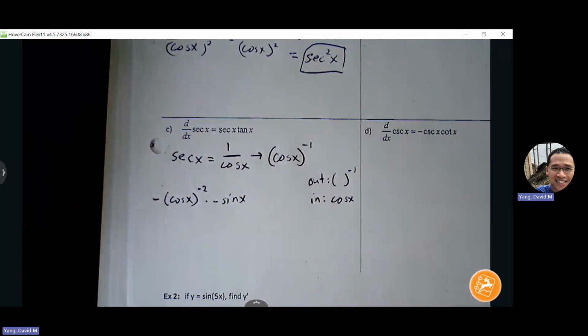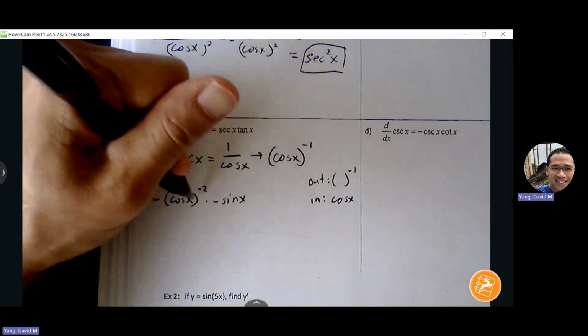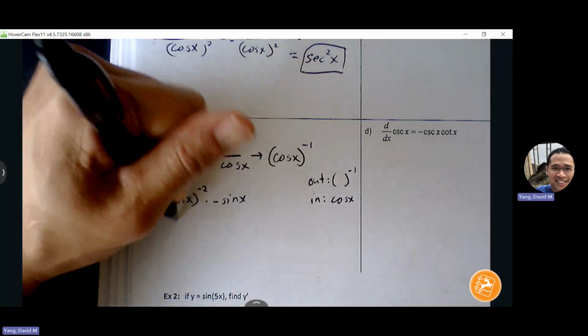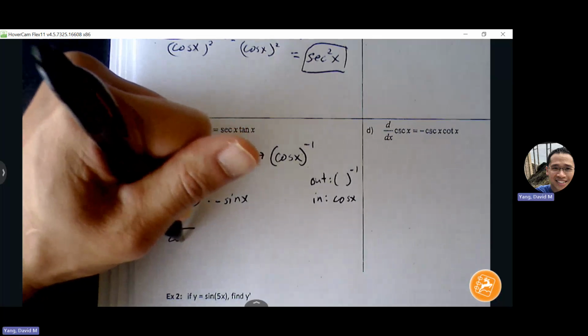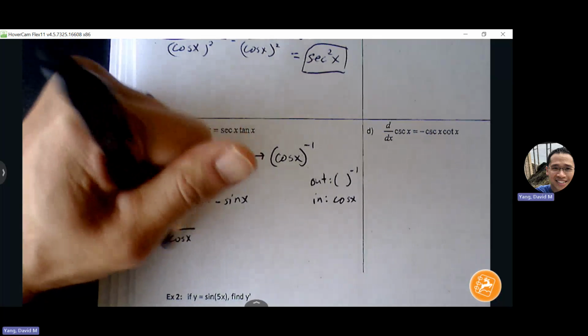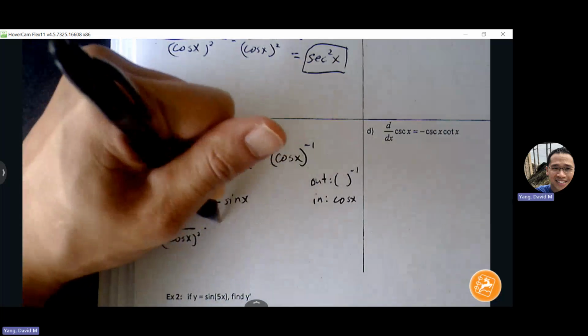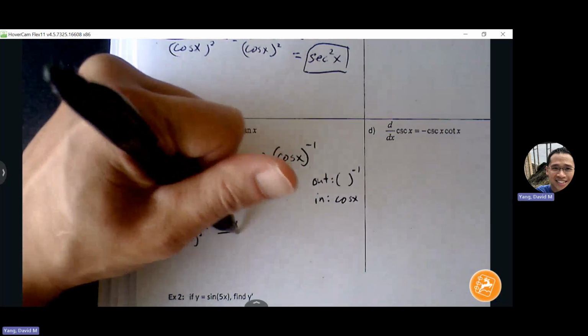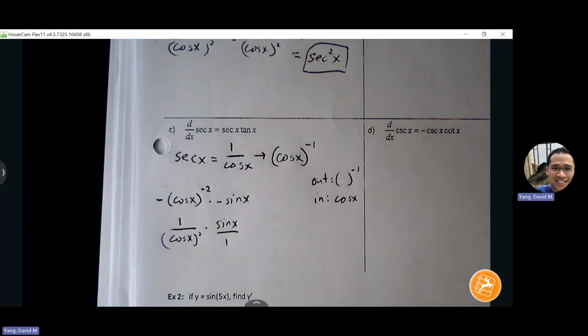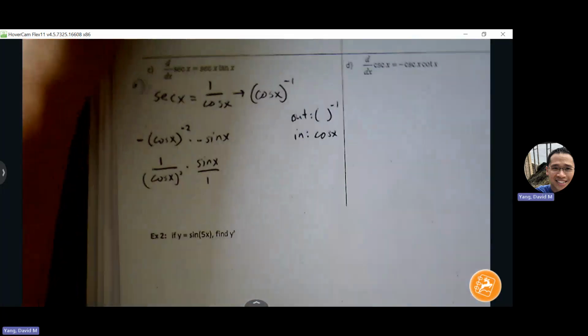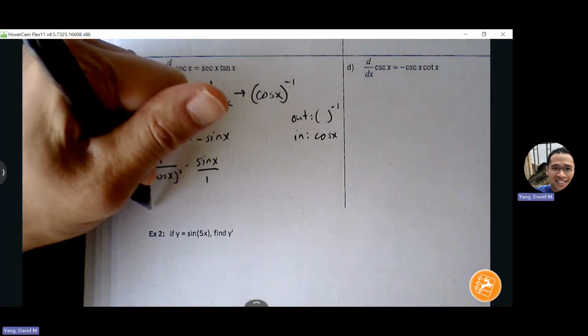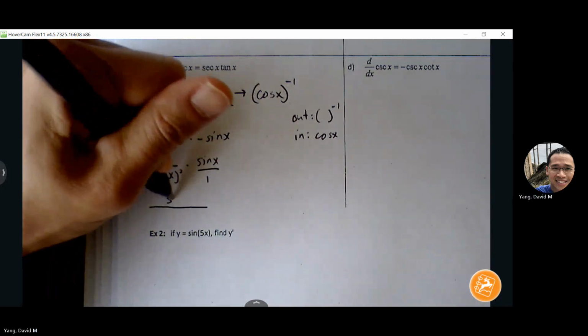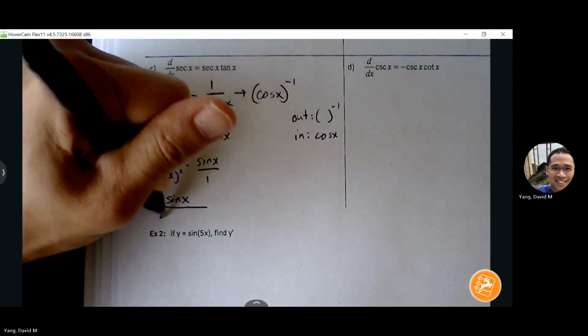So the two negatives, first of all, they cancel out. Cosine of x to the -2 is the same thing as 1 over cosine x squared, times sine of x. So maybe we can rearrange this. Let me put all this in one fraction to see if we can see something develop.